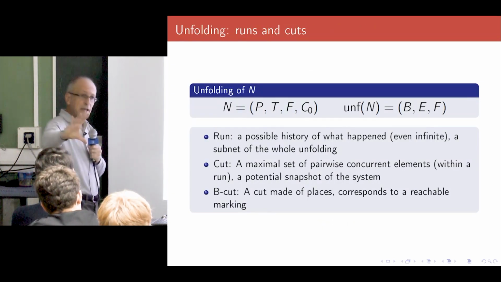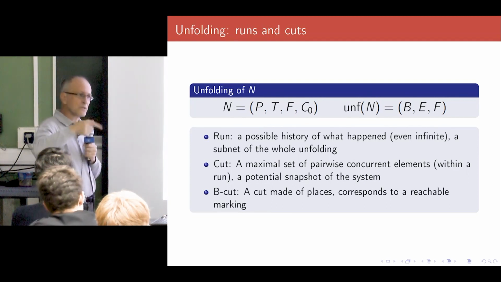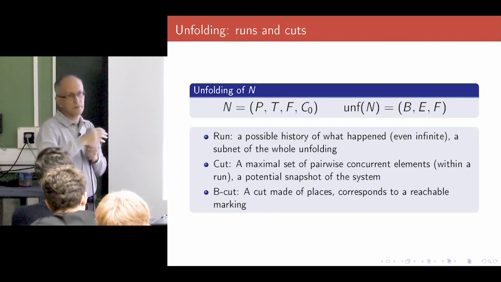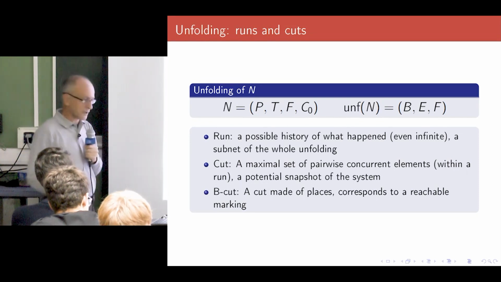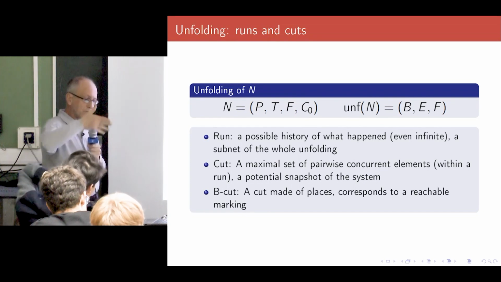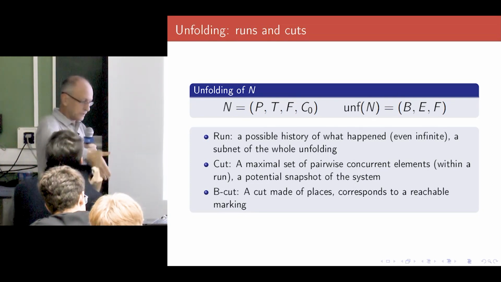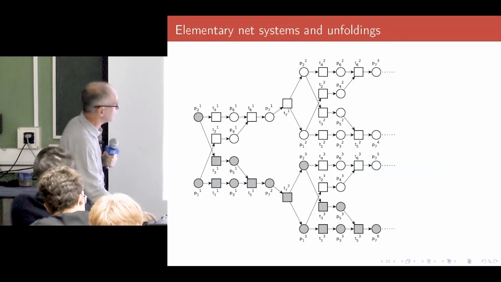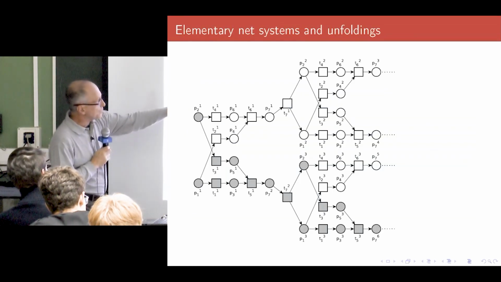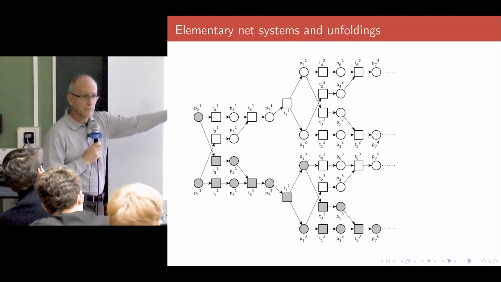And so a run can be infinite. If the system is cyclic and can always return to the initial state, then a run might go on forever. A cut is a sort of dual notion. A cut is a sort of vertical cut if we think that this represents the evolution in time of this system.